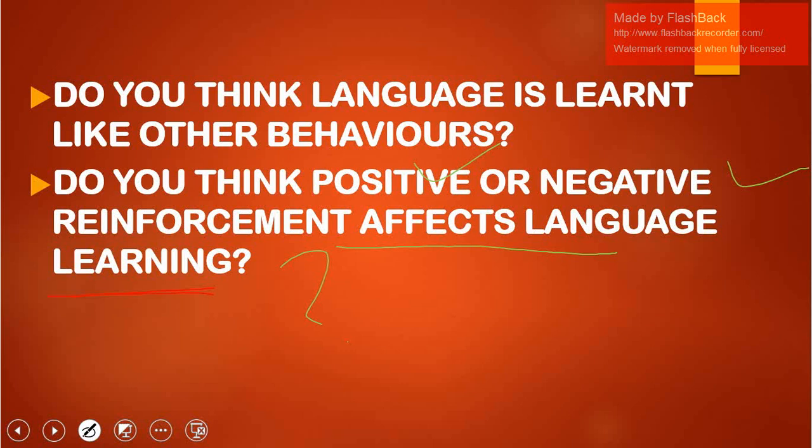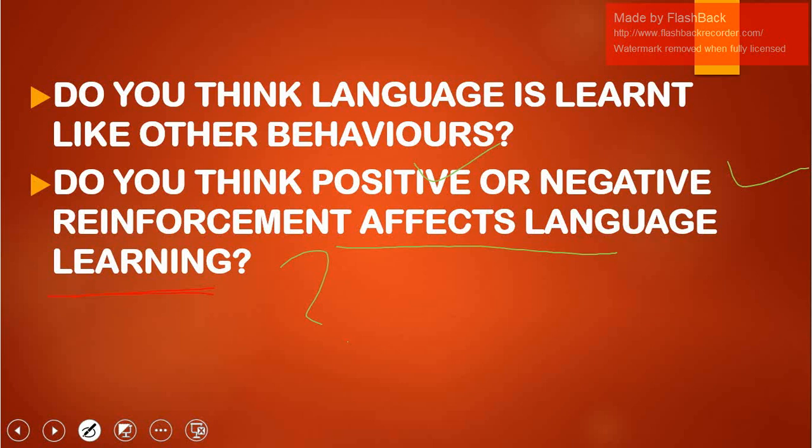Or if a child says the correct vocabulary for milk and gets the milk, how is this whole phenomenon affecting language learning? For example, a baby signs at the bottle and asks for milk and he says bottle, and mother gives him water. This is a form of positive reinforcement.